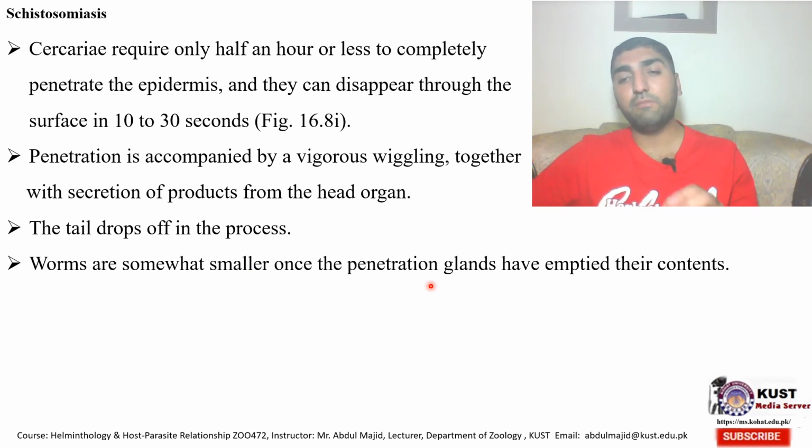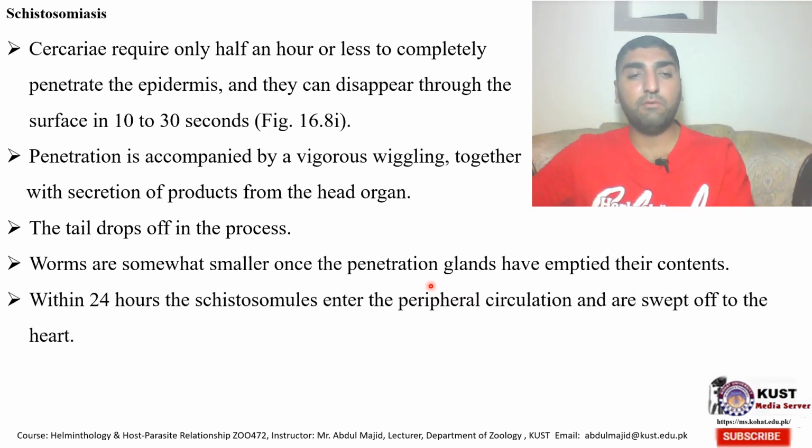Now the tail is lost and the contents of the head are secreted, so the worm becomes very small in size and can easily be carried in the veins. Within 24 hours, the schistosomules enter the peripheral circulation, where they are swept off to the heart.